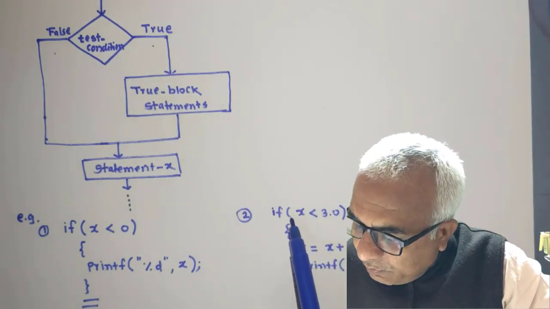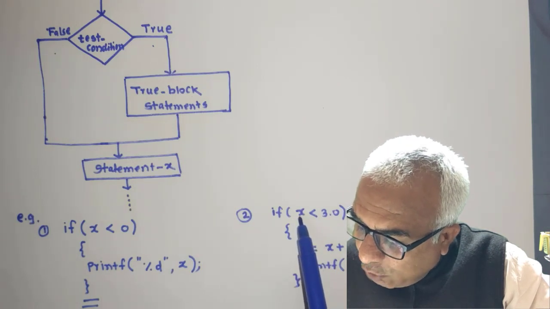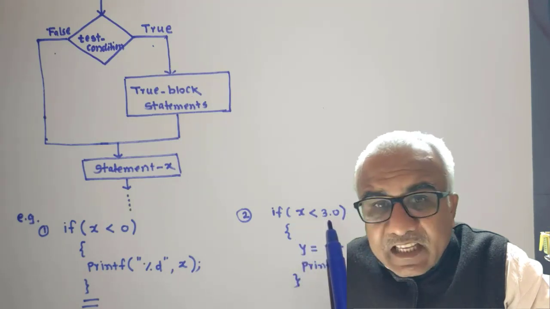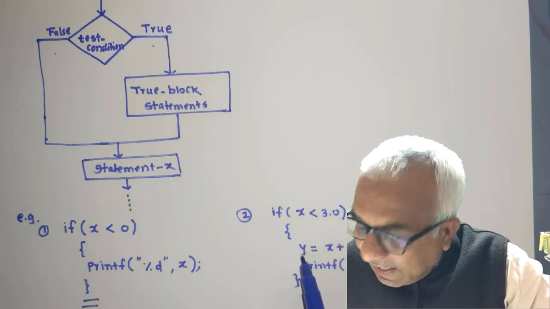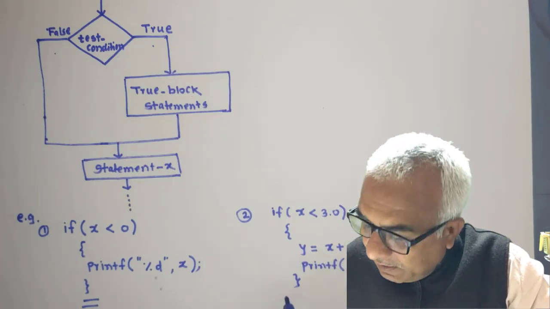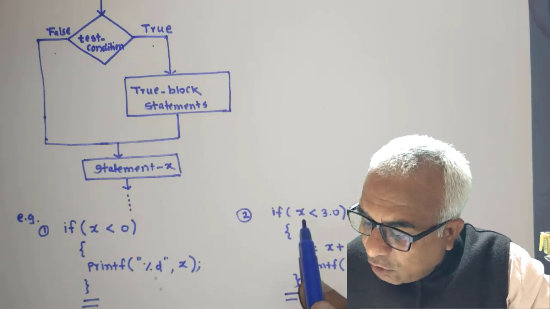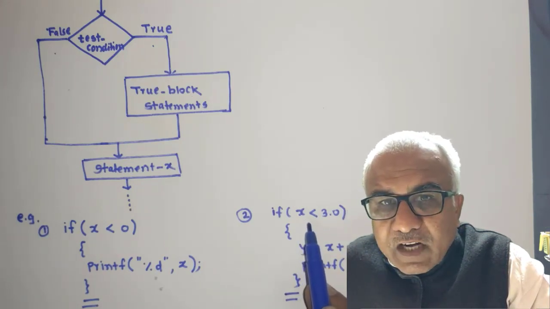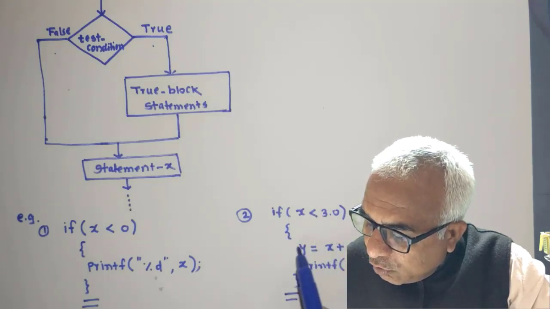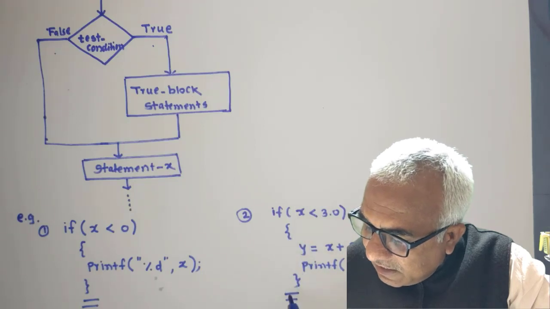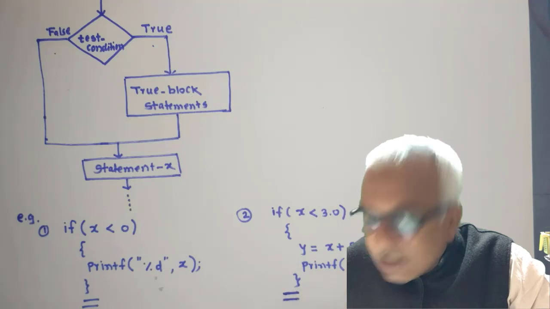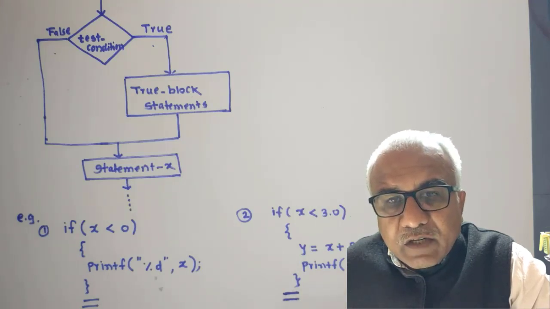The meaning is, if the value of X is less than 3, then calculate Y using this expression and print the value of Y. But if X is not less than 3, if it is equal to 3 or greater than 3, then don't execute these statements, directly go out of the if statement and statement X and the next statements will be executed.